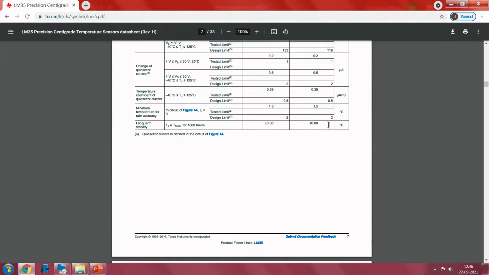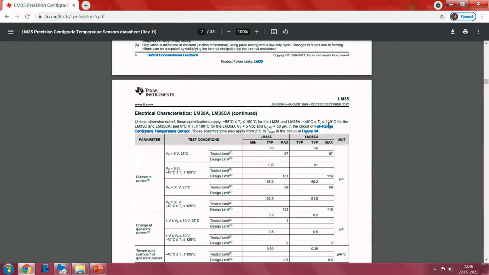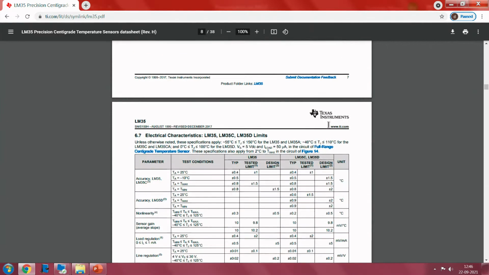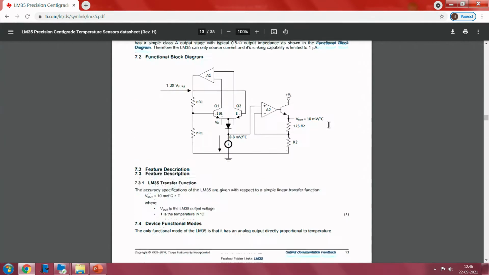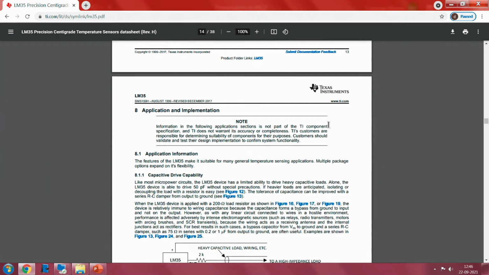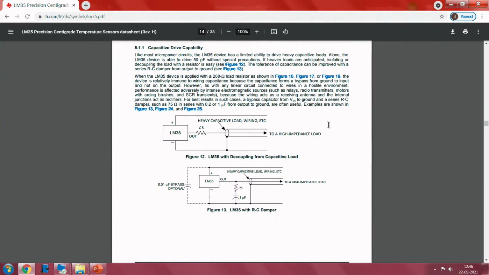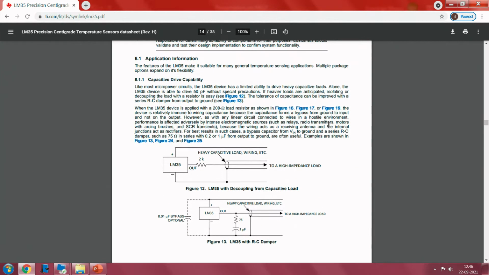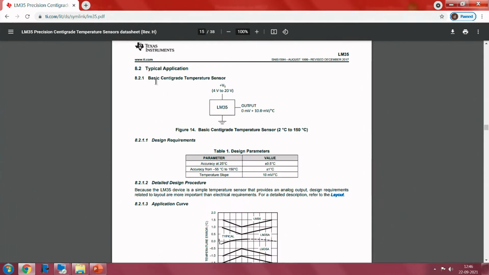There are a few characteristics and further information about the sensor that can be found in this data sheet, and there is an application note where you can refer further about the connections for better accuracy and to eliminate noise, such as that caused by ground loops, common mode noise or differential noises. Here, it is basically a centigrade temperature sensor, which means it can only measure degrees centigrade.